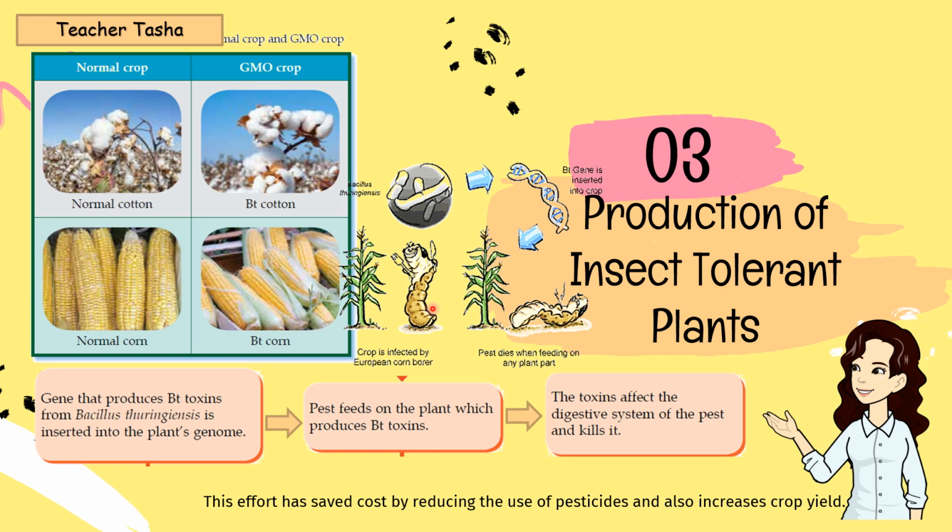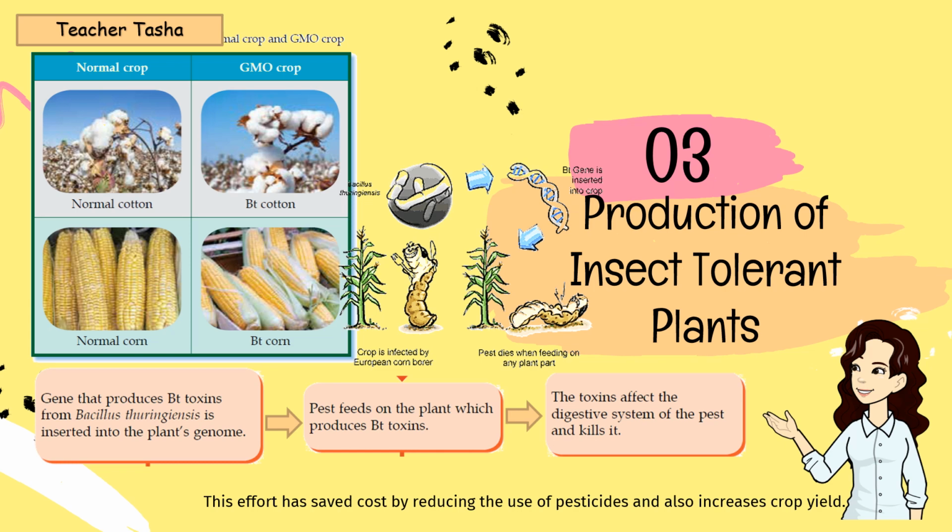So this gene is inserted into the DNA of the brinjal plant or the other plants, any crop plants, and these crop tissues will then express the gene to produce Bt toxin that can kill the insect larva.